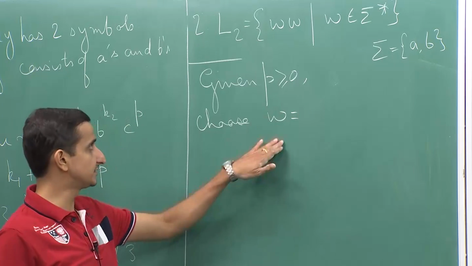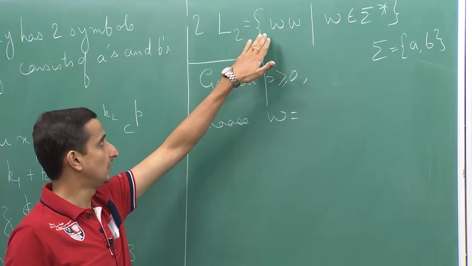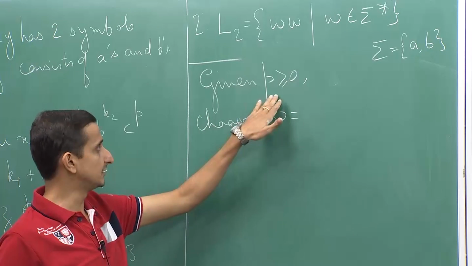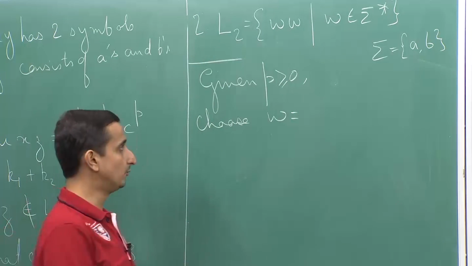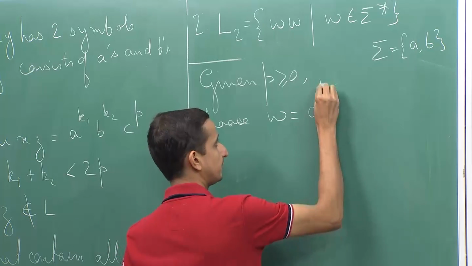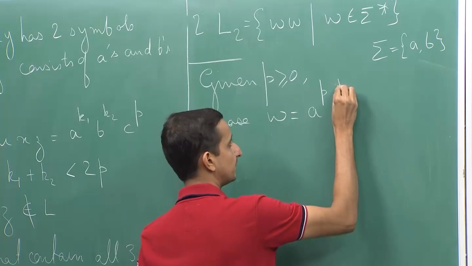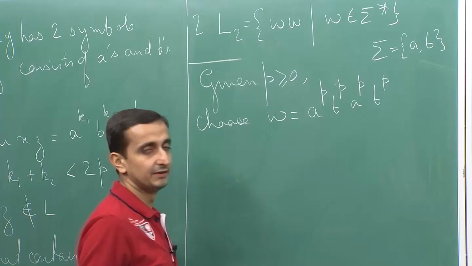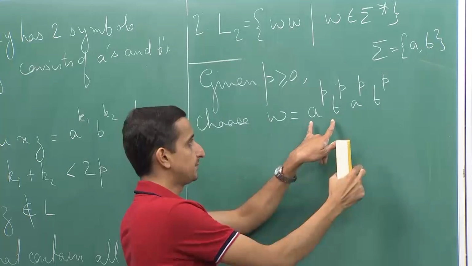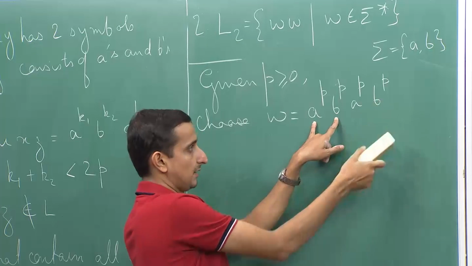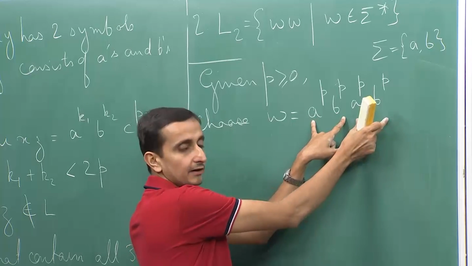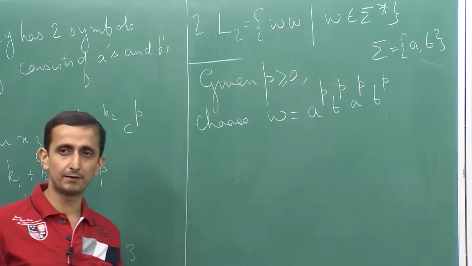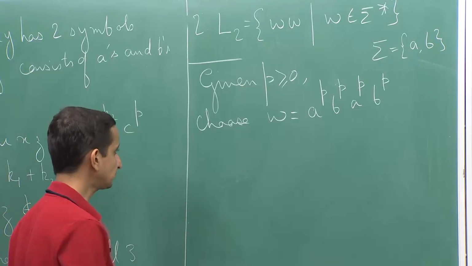Do not confuse this w with the w in the definition of the language. I want to choose a string whose length is more than p and it belongs to L2. So, I will choose a to the power p, b to the power p, a to the power p, b to the power p. If I look at the first half and the second half of the string, they are the same: a to the power p, b to the power p on both parts.